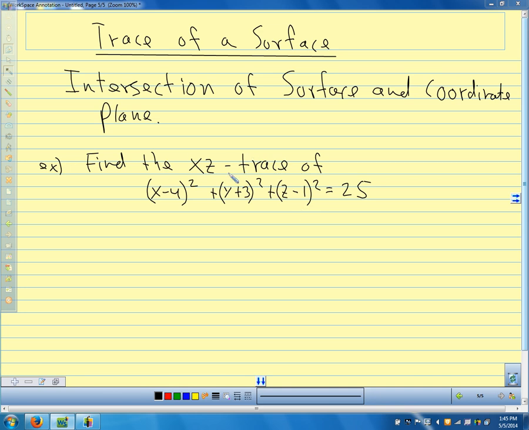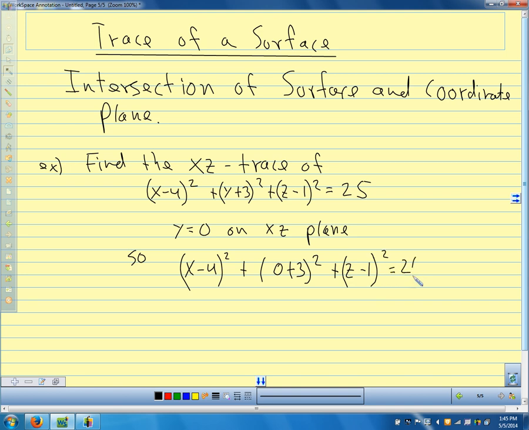Well, how are we going to do this? What do we know about the xz plane? Y is 0. So I'm going to substitute y equals 0 and simplify. So I get (x minus 4) squared plus 0 plus (3 squared) plus (z minus 1) squared equals 25.